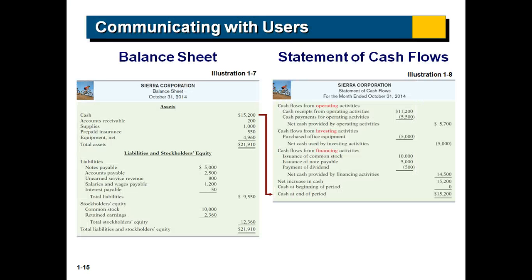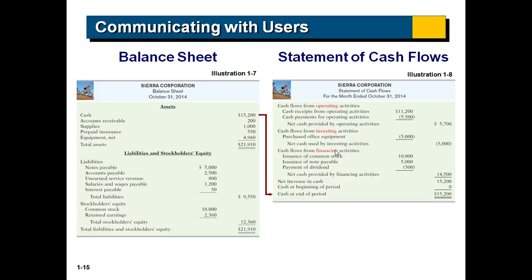Let me back up just a minute. Notice on the statement of cash flows, that's where we're very specifically going to see the three business activities: operating, investing, and financing. So cash flowing in, cash flows out, right? Cash comes in and I deposit it in the bank, so deposits are cash in.